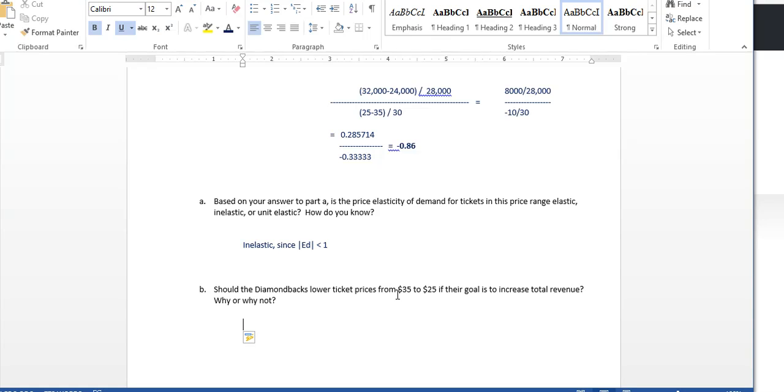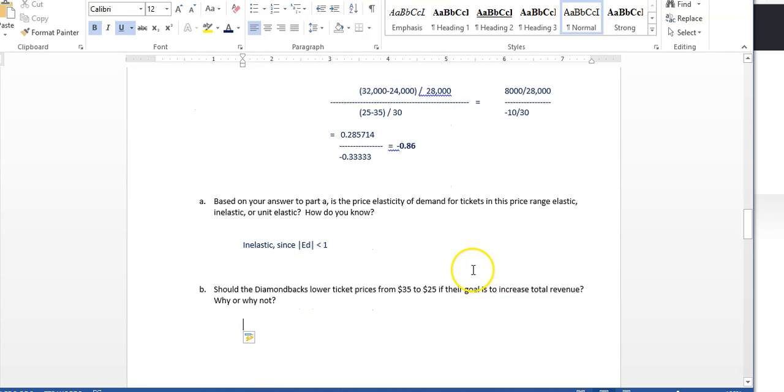So even though we'd be lowering price and quantity demanded goes up, inelastic means quantity goes up by a smaller percentage than the drop in price. So we should expect that total revenue would go down if demand's inelastic and we lowered price. So if you want to raise revenue, when demand's inelastic, you should actually raise price.